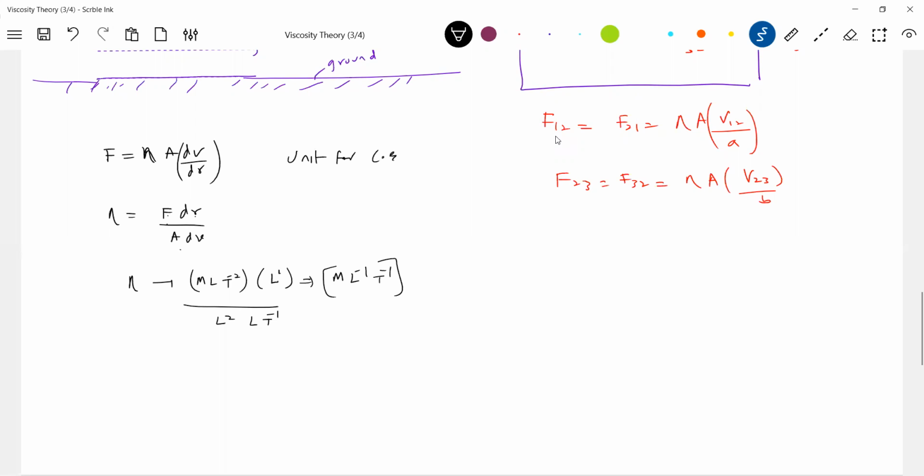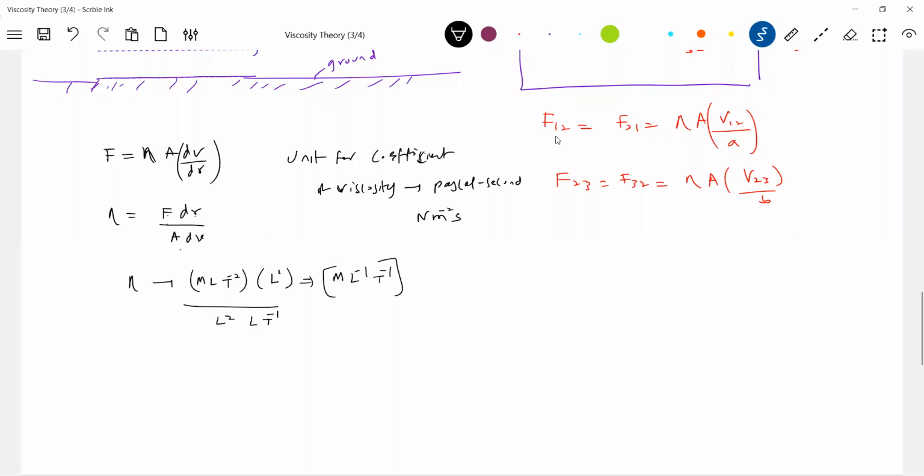The unit for the coefficient of viscosity is Pascal second. How do we write that? It is Newton per meter square, second.